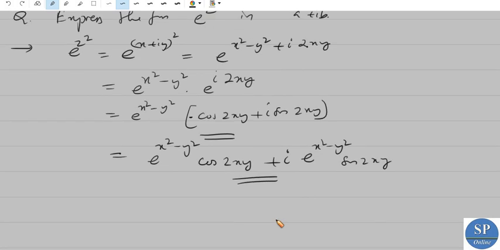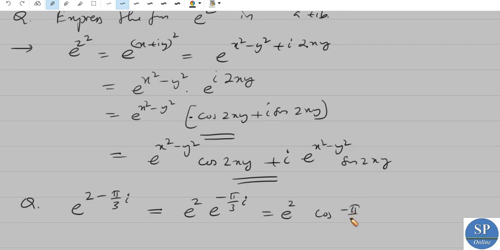Okay, now one more question. What about e power 2 minus pi by 3i? What is the value of e power 2 minus pi by 3i? This can be written as e power 2 into e power minus pi by 3i, which is equal to e power 2 into cos of minus pi by 3 plus I sine of minus pi by 3, right?